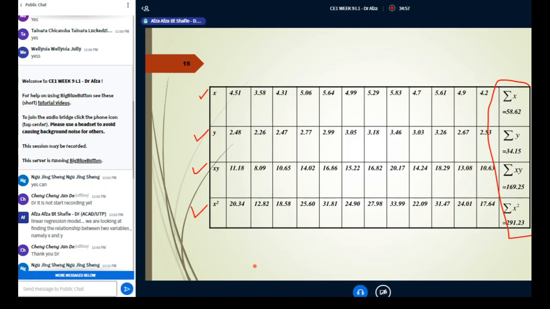How minimize? Because we use the least, sorry, we use the least square method. Okay, hold on.